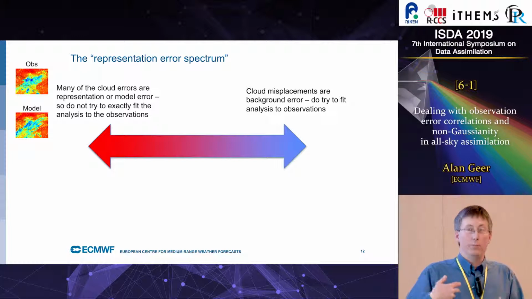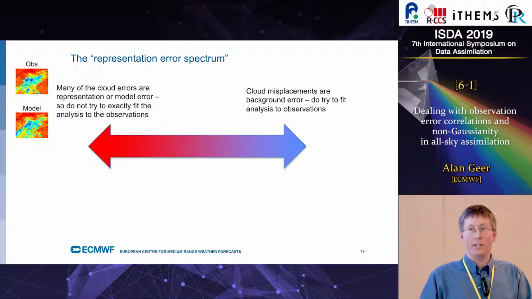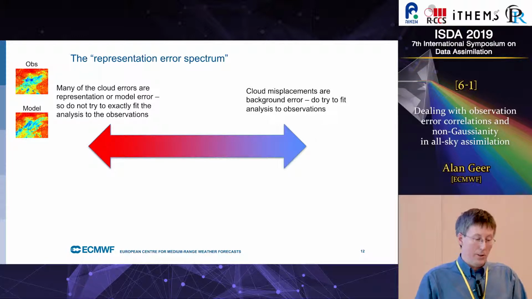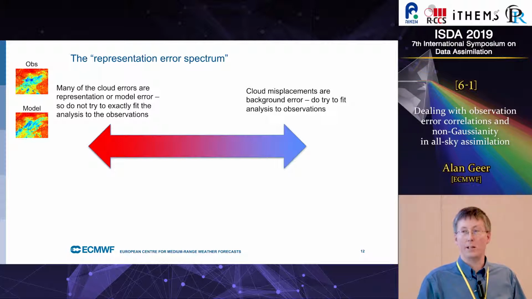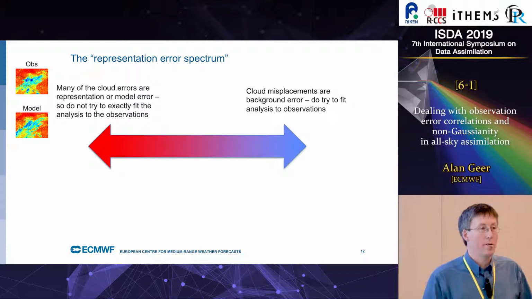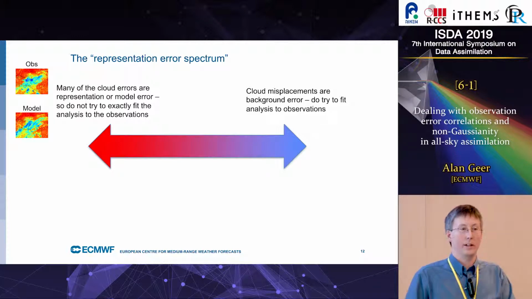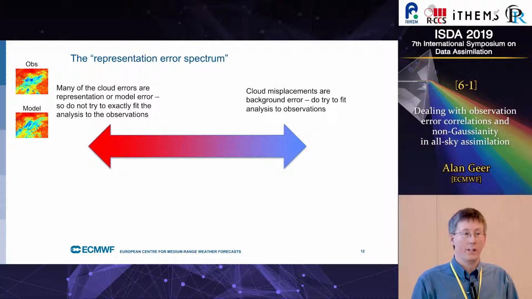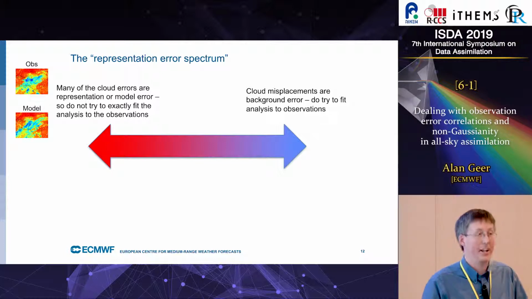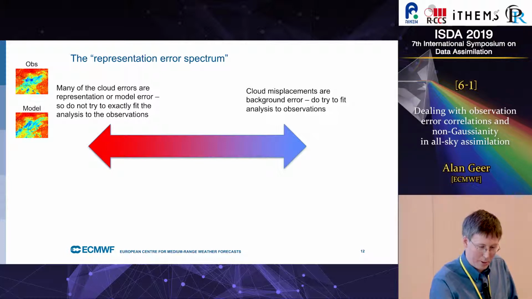So cloud convection processes that are not predictable over 6 or 12-hour assimilation windows, or errors in the model, as in this case, which seem to put possibly a gravity wave perturbation on top of the real situation. Those are things that we don't want to try and correct in the analysis because they'll then blow up into forecast errors later on. But on the other end, you might really want to correct all of these features and have an analysis that looks as close to the observations as possible.